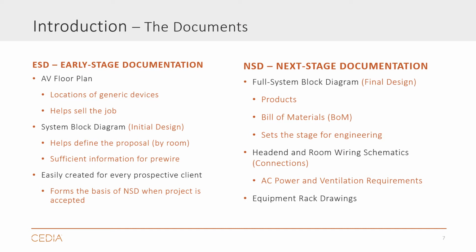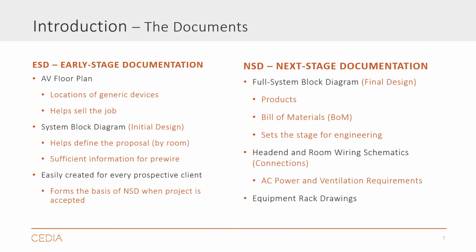Now that you've won the project, next stage documentation, NSD, kicks in and becomes a continuation of ESD. NSD are drawings and documents which show specific products, product IOs, wiring, and rack mounting details of the project design established in ESD.